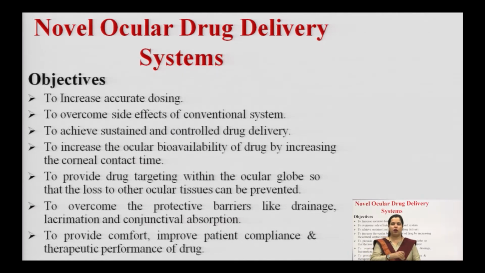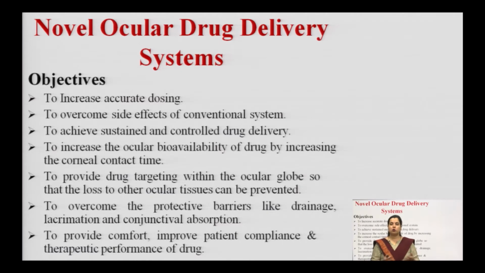Yes, in conventional types of forms there is loss of the drug during instillation of the dose. So, if we are talking about a novel drug delivery system, then dosing accuracy is an important concern. Next, to overcome the side effects of conventional systems, right.